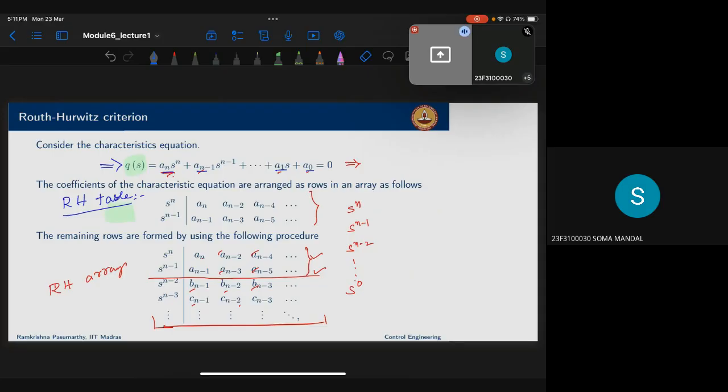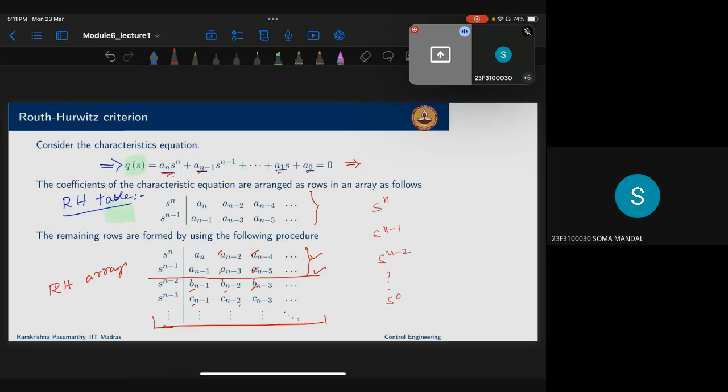I'll erase this one also. Okay, so I'm writing here S to the N, S to the N minus 1, S to the N minus 2, etc., down to S to the 0. This is how we first form the table.